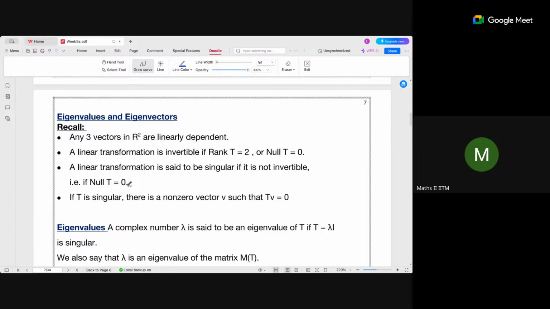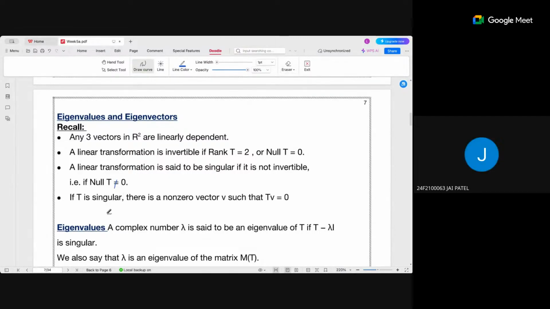Okay, so here I am saying it the other way around. Here this is incorrect, right? Rank of T will be 0. It need not be even 0. Here it just has to be non-zero. If null of T is non-zero, that will make sense.